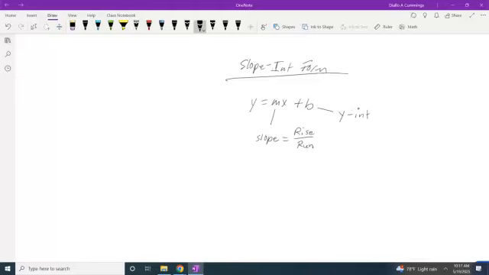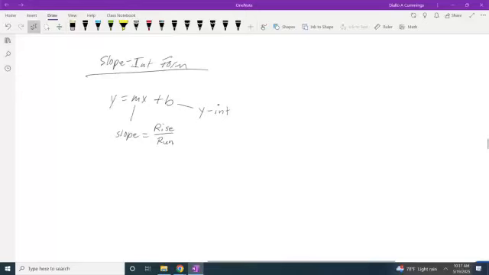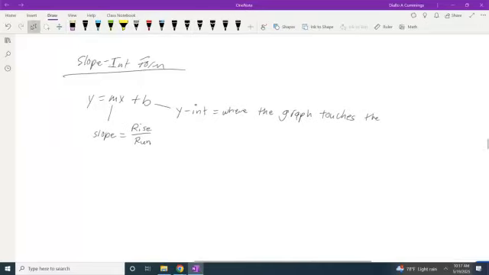So this should be somewhat familiar, right? So the slope is the rise over the run. B is the y-intercept. And the y-intercept is where the graph touches the y-axis.